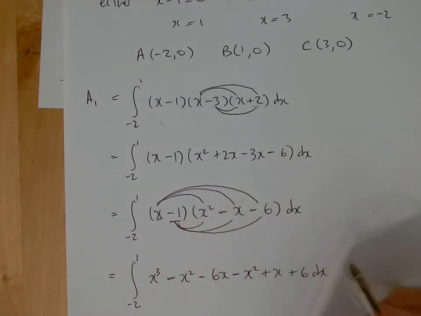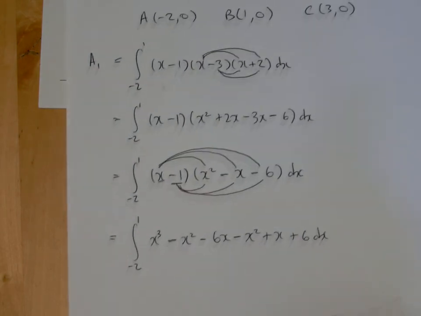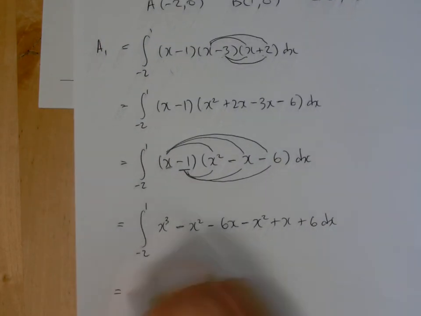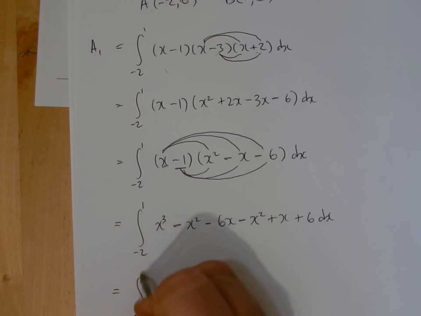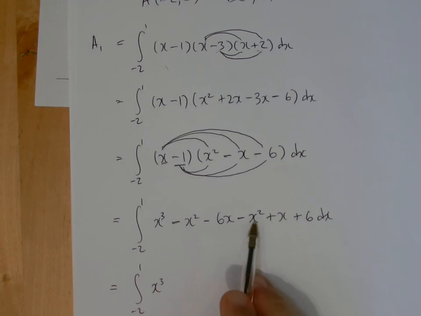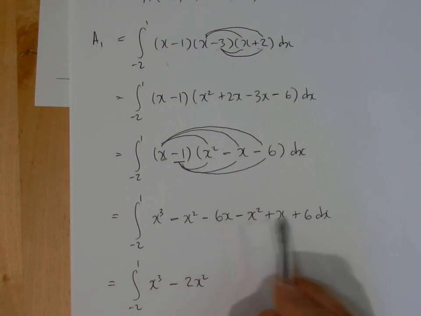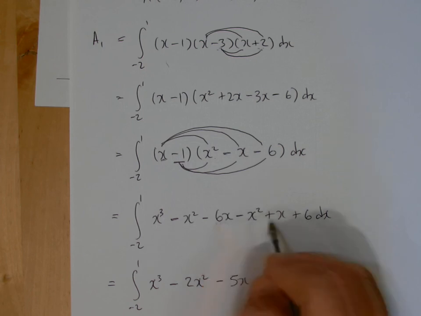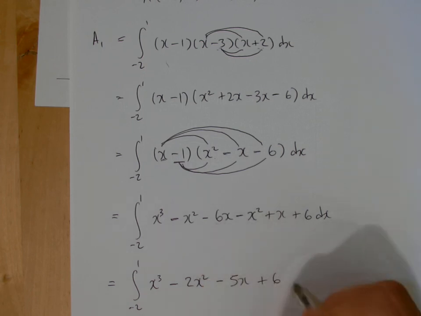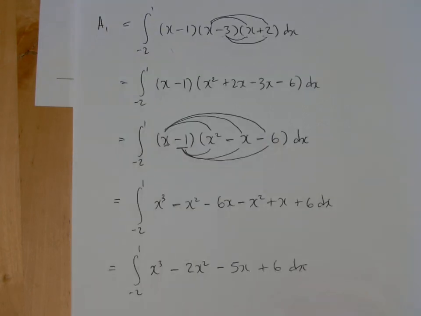So we're almost at a stage where we can integrate. Let's simplify this. We've got x cubed, minus x squared and minus x squared go together, so it'll be minus 2x squared. Minus 6x plus x is minus 5x. Minus 6 plus 1 is minus 5, and then plus 6 on the end. So there's your cubic.